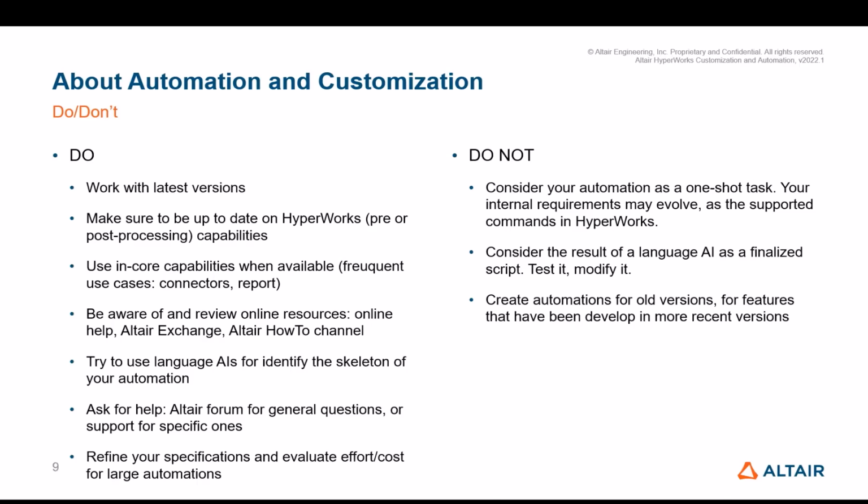Make sure you are up to date on the latest capabilities. We still see a lot of automations regarding model assembly, knowing that we have developed for more than 4 versions now part assemblies, which are intended to make your model assembly process easier within HyperMesh. So really make sure there is no feature available in HyperMesh that can solve your automation.